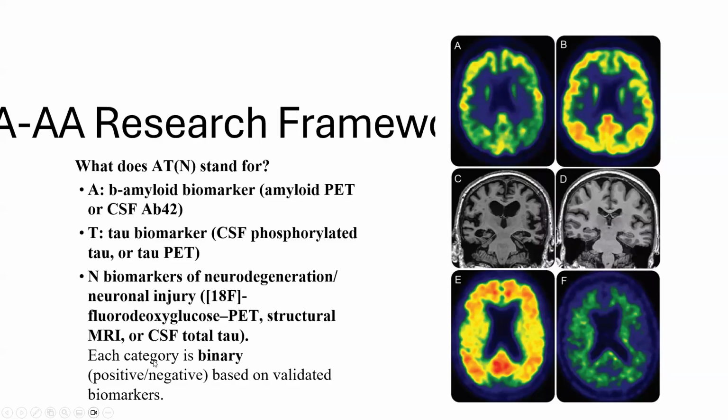Each category is binary, positive or negative, based on these validated biomarkers. Again, you might notice there are two different markers here. Let's say they get both of these, and there are some conflicting results.